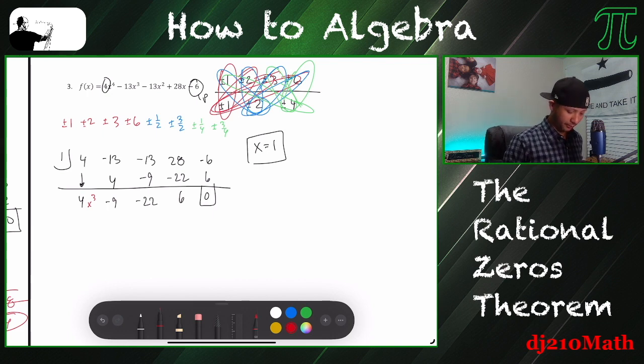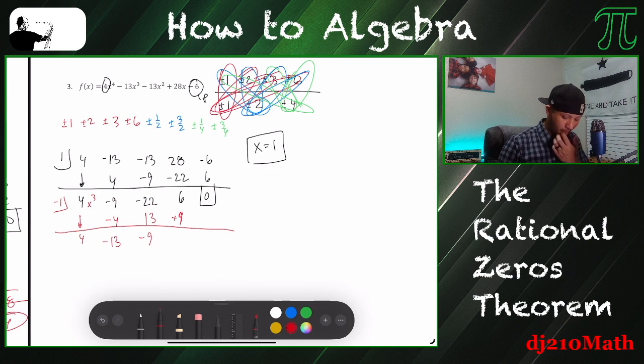So if I use negative 1 now, this is going to be negative 4, negative 13, positive 13, negative 9, so positive 9. All right, negative 1 doesn't work. Negative 1 doesn't work. Let's try 2.